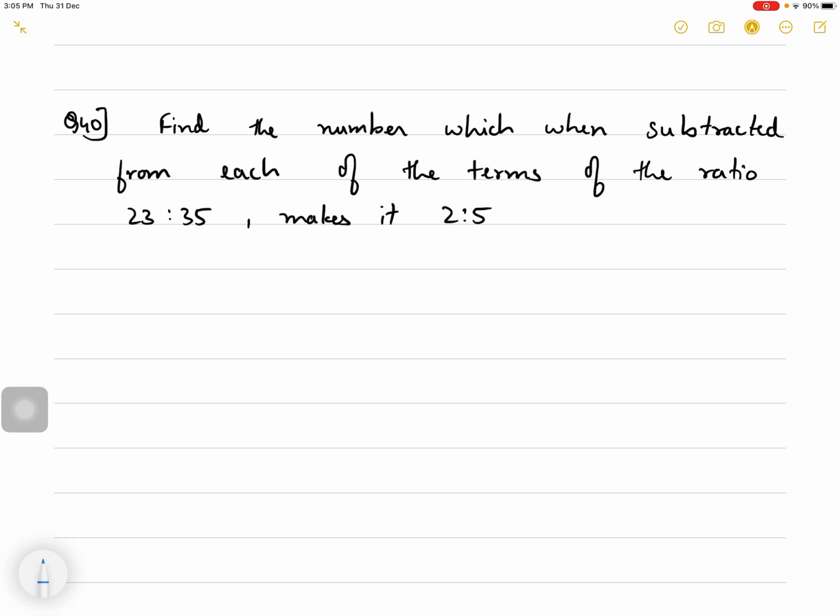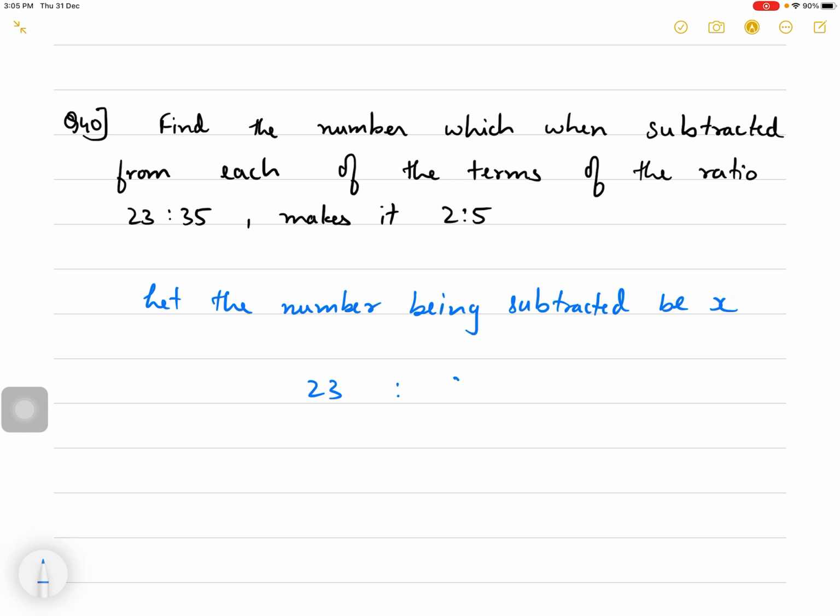Let the number being subtracted be x. So the ratio is 23 is to 35, and the number is subtracted from each of the terms of the ratio.